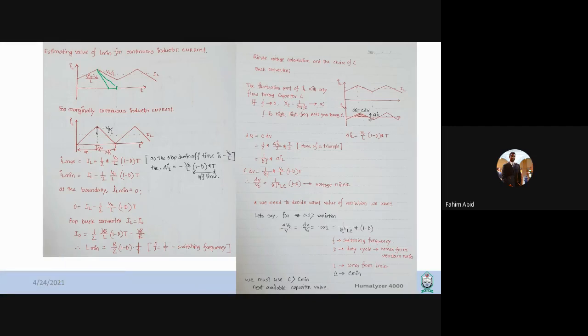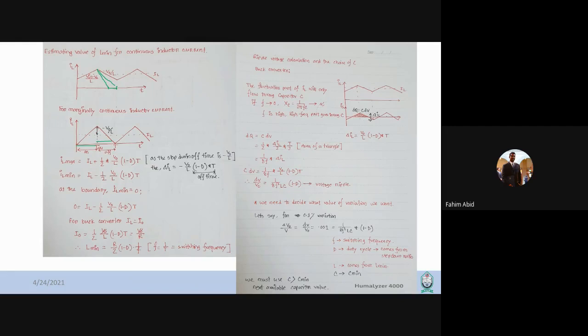So this is our T on time. This time can also be written as D multiplied by T. D corresponds to T on divided by T, and if you multiply it with T, then you have only T on time. So this T off time can also be written as 1 minus D, so this is 1 minus duty cycle multiplied by T. If you multiply this time with the slope, then you will get the height value.